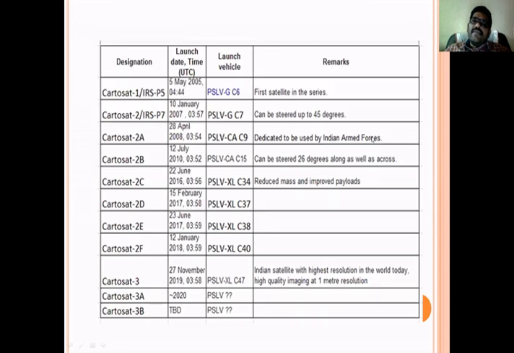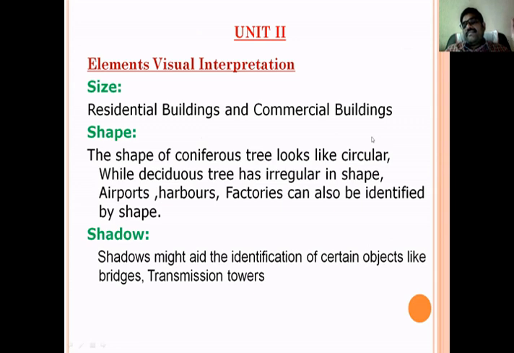In the first unit, we saw that the images, or the target properties which hold the characteristics, are recorded by the sensors.